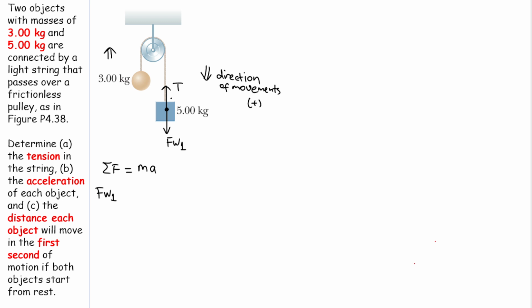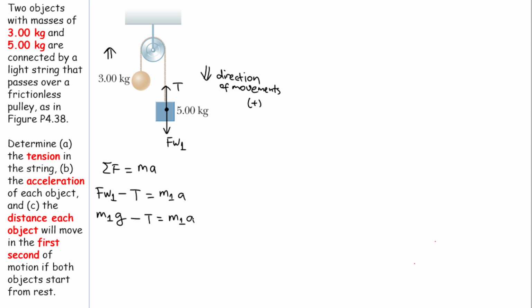In the opposite direction, we have the minus sign, so I will have minus T. The mass will be mass number 1 times acceleration. FW1 is mass number 1 multiplied by g, the weight of this block, so we have m1 g minus T equals m1 times a.